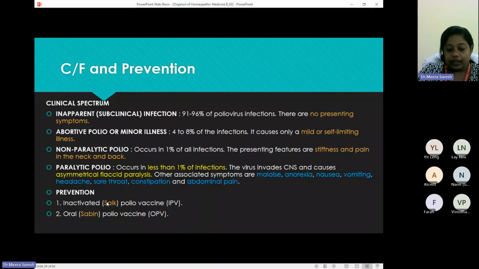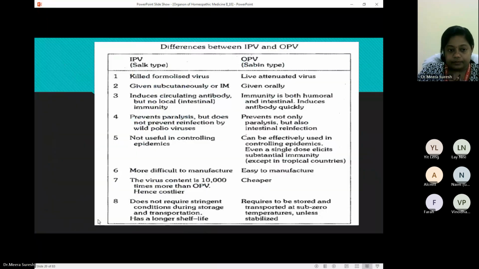And prevention will be two types of vaccine: the inactivated polio vaccine, which is also called Salk vaccine, and the oral polio vaccine, which is also called Sabin vaccine. So there is a difference between IPV and OPV.